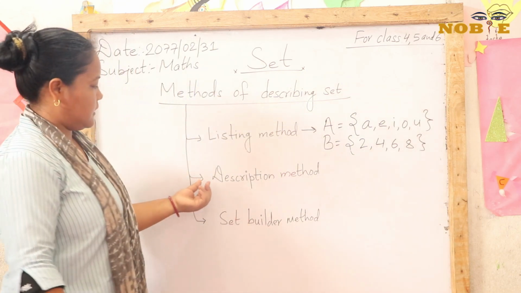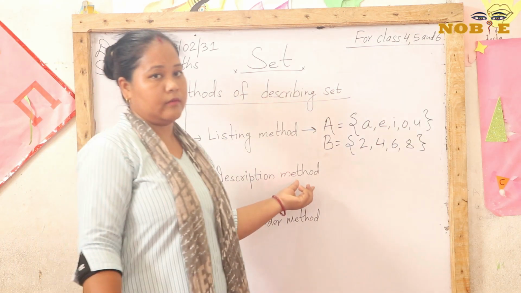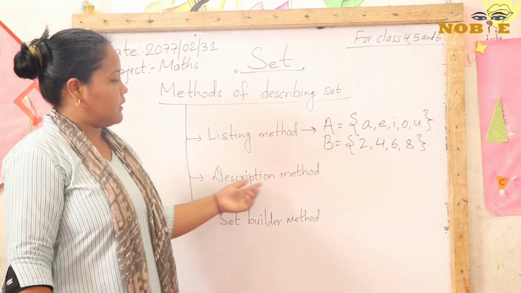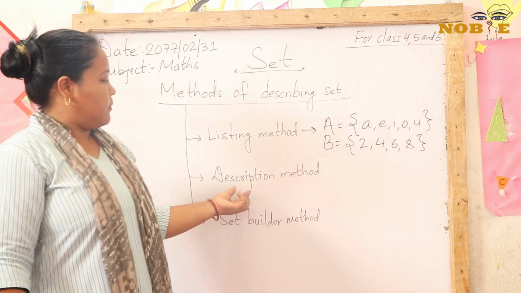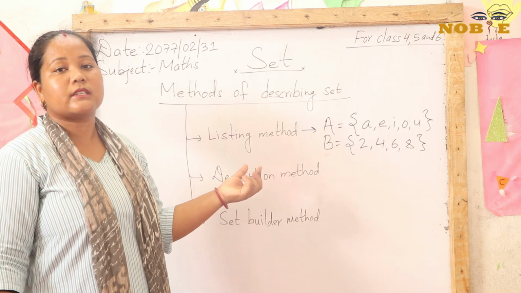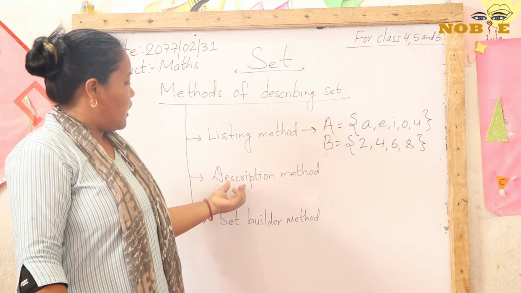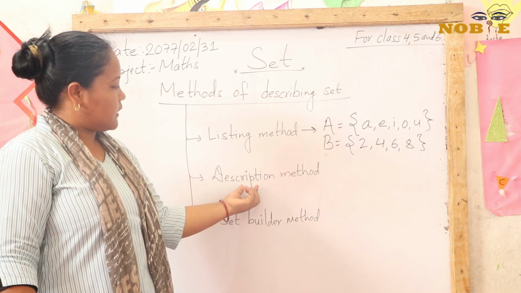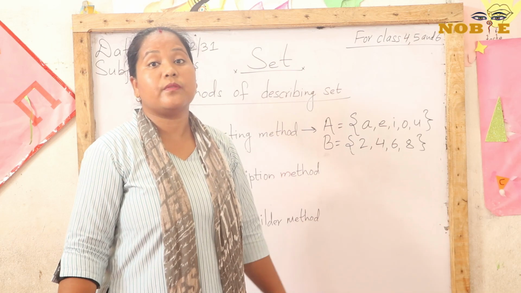And now next, the second method, that is description method. In the description method, the elements of the set are described in a descriptive phrase.